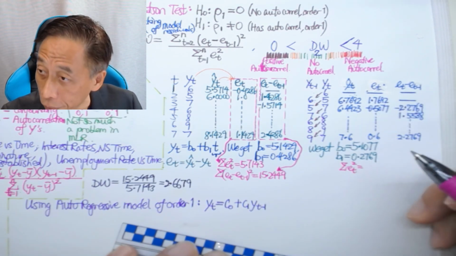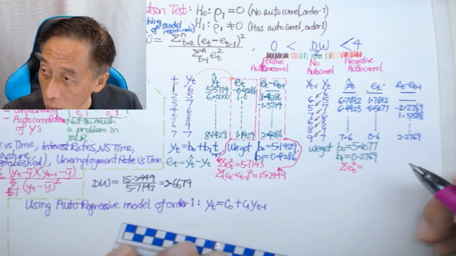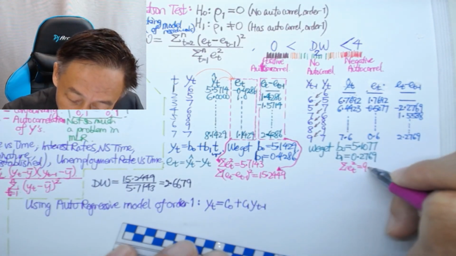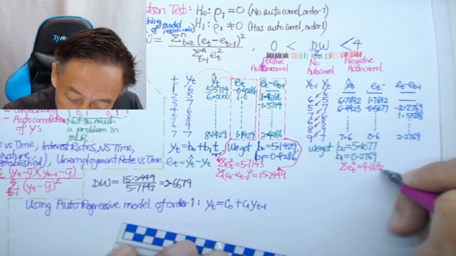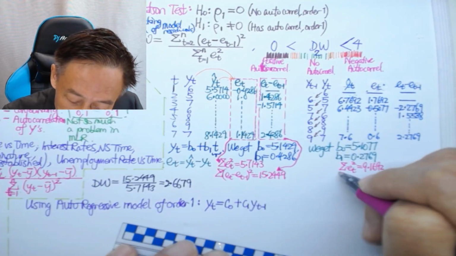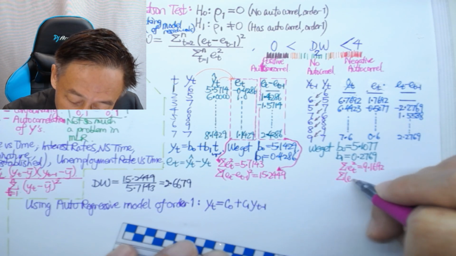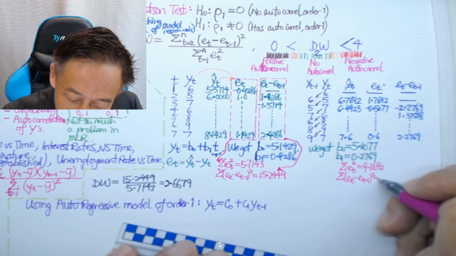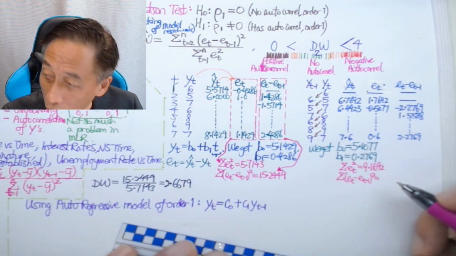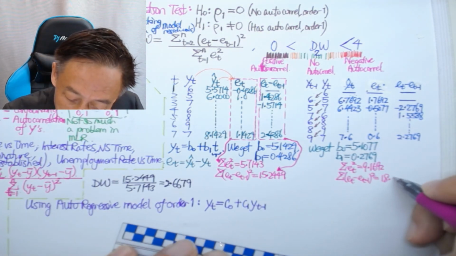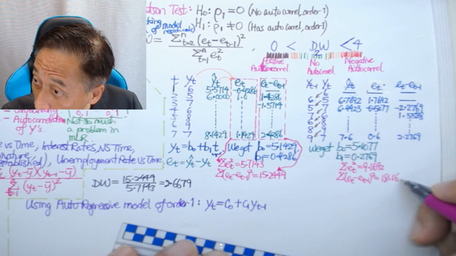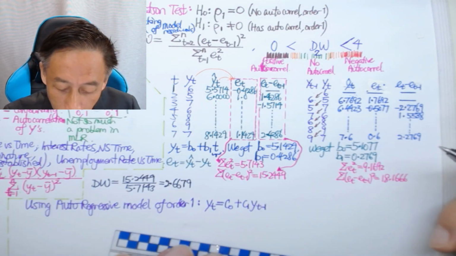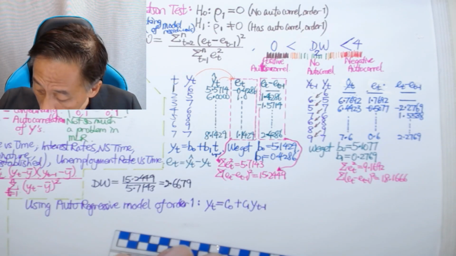So for this, I get 9.1692, and the summation of ET minus E of t minus 1 squared, I get 18.1666.